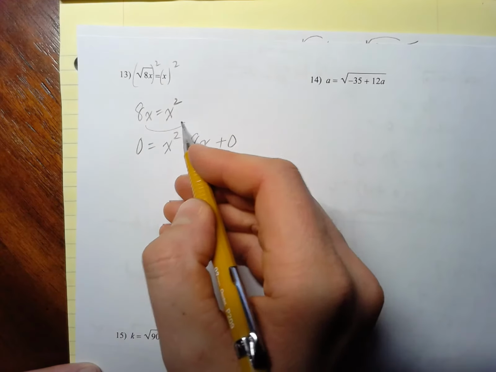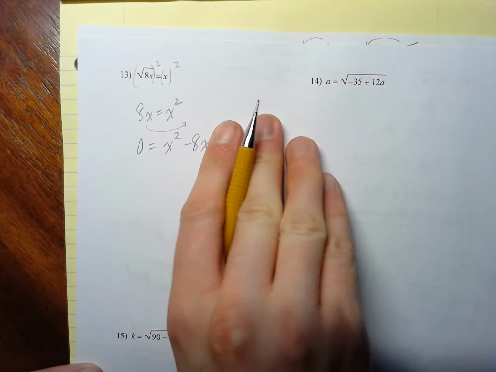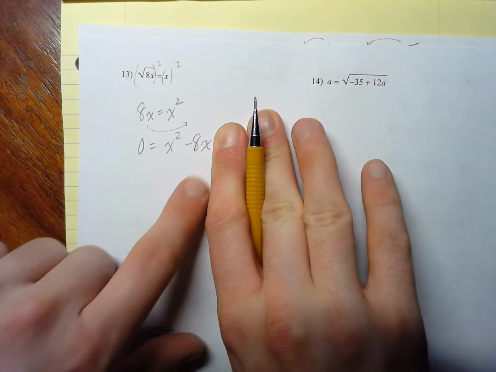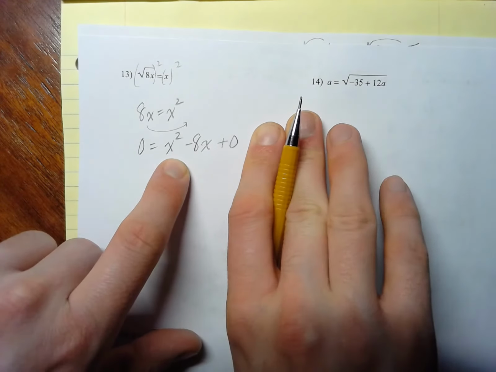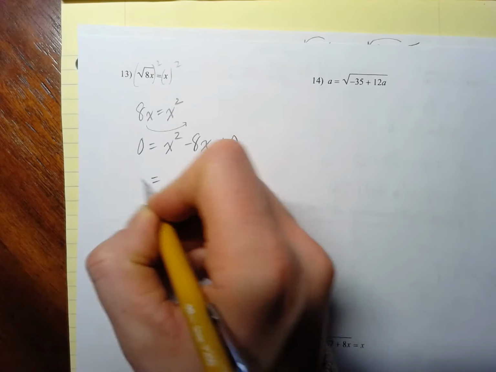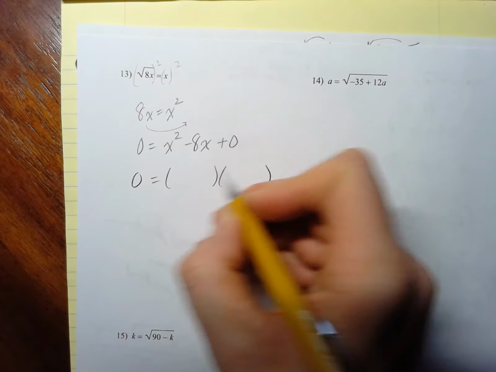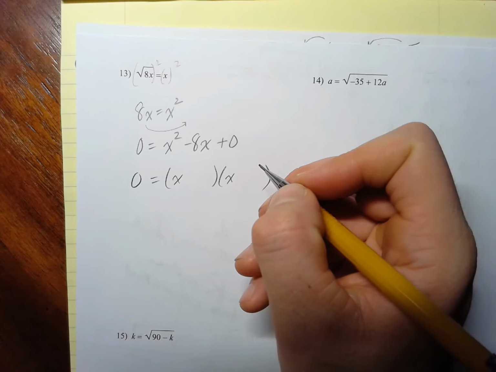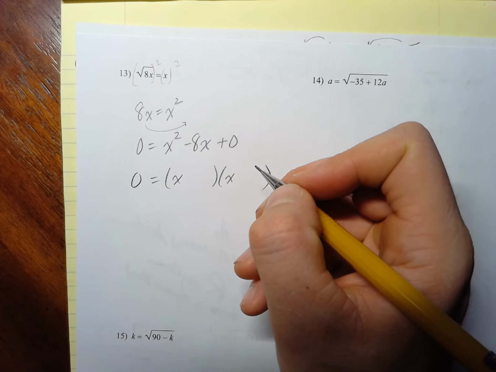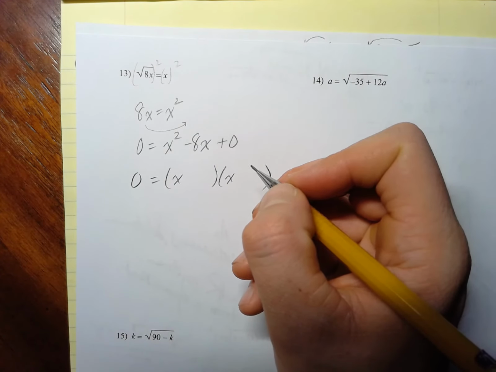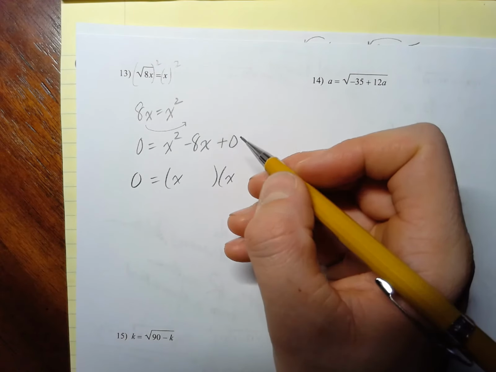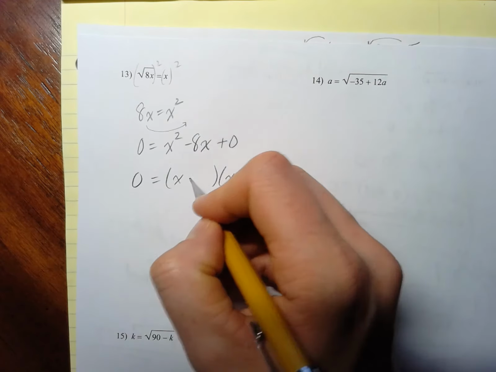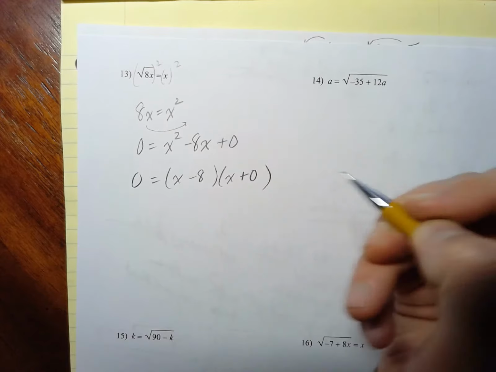If I move this to the other side, I would just have that, but it may be helpful just to put the 0 in there so you can see that you're trying to get minus 8 and plus 0 out of that.